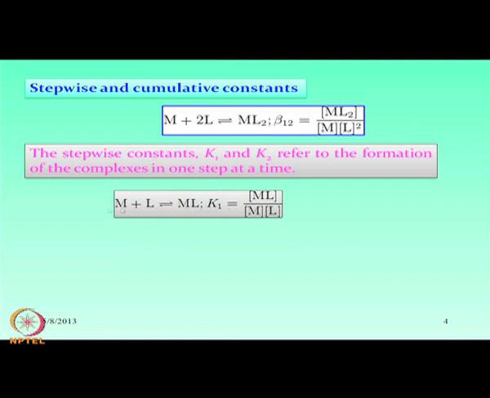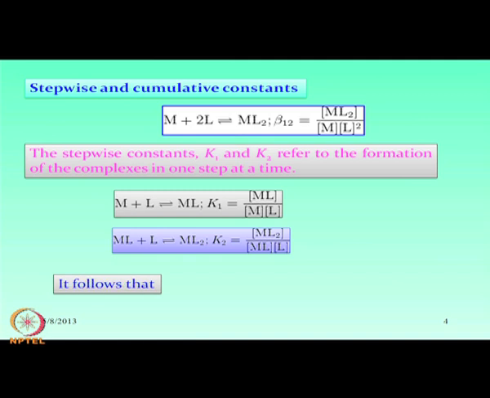So, when the first ligand, the first ammonia molecule, comes and binds to the silver ion, we get the K1 value, and when the second comes to the first one, that means the silver species with one NH3 bound plus another NH3, giving rise to the silver diamine complex, we get the corresponding K2 as ML2 by ML and L. So, how do we get this beta 1 2?